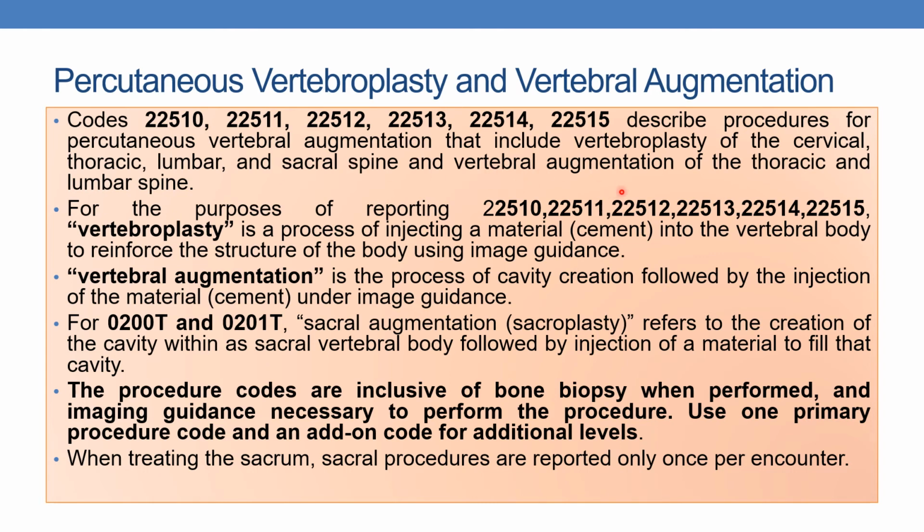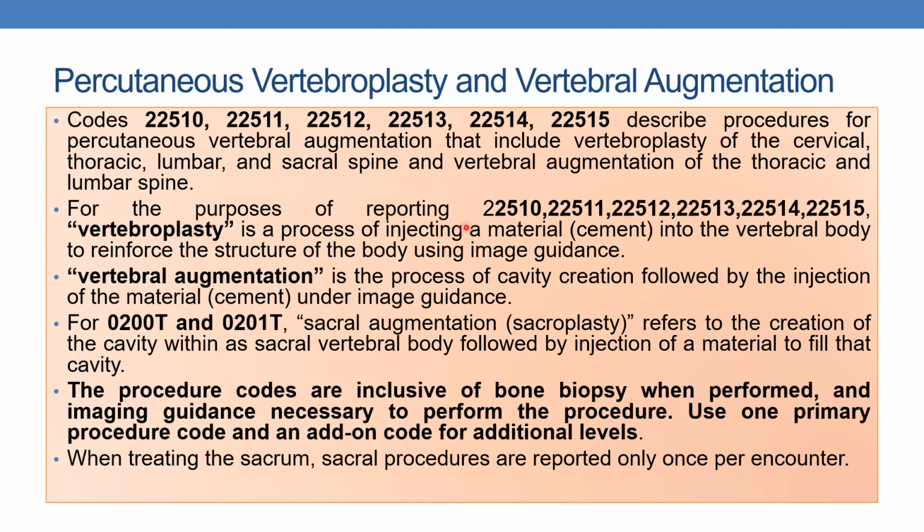The definition of vertebral augmentation involves vertebroplasty and kyphoplasty. So vertebral augmentation includes vertebroplasty of cervical, thoracic, lumbar and sacral spine. All these 6 codes include vertebroplasty of cervical, thoracic, lumbar and sacral spines and vertebral augmentation of thoracic and lumbar spines.